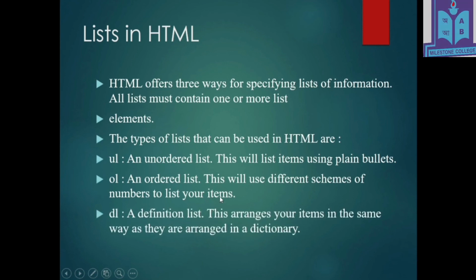And number 3, DL, that means a definition list. This will arrange your items in the same way as they are arranged in a dictionary, one after another in a proper sequence. What we see in our regular lives as a dictionary follows this definition list.